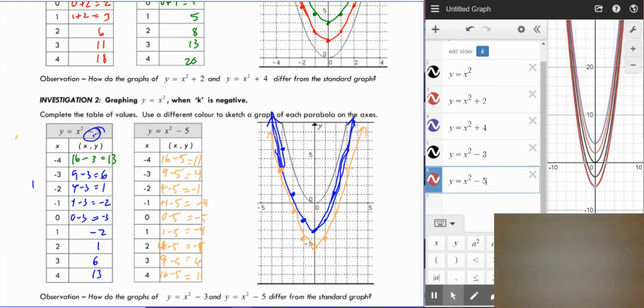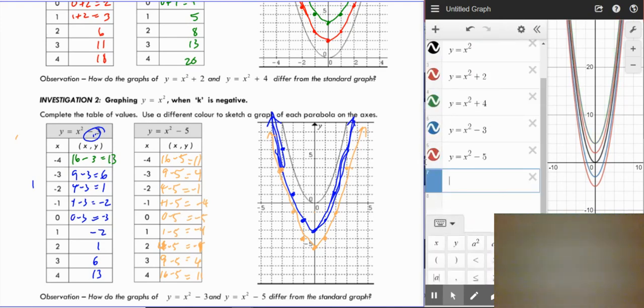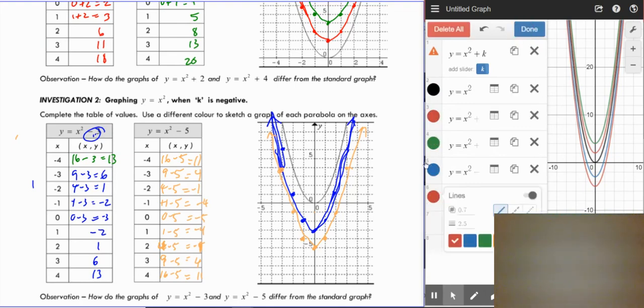Now, what colors did we use here? This one should be blue. This one should be green, as it was before. And then this one should be orange. Again, difficult to see it all, so let's stretch that out.